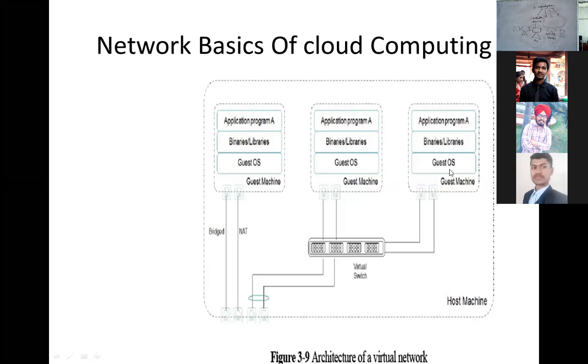These virtual machines are just software. They are using everything from the host machine. That is the basic concept, and they are connected with each other using virtual switching. So we can have a bridged or a network address translation NAT approach, or we can have a virtual switch approach.